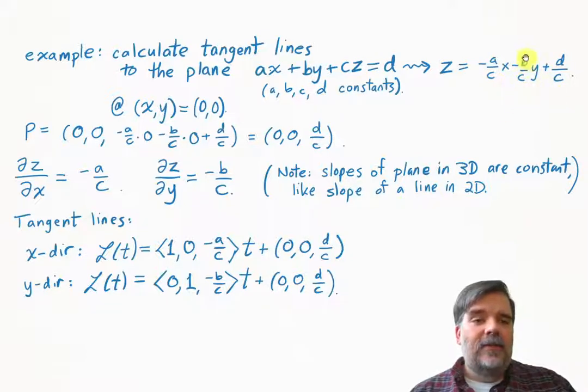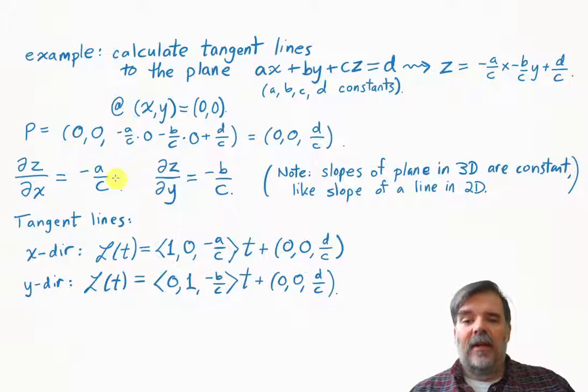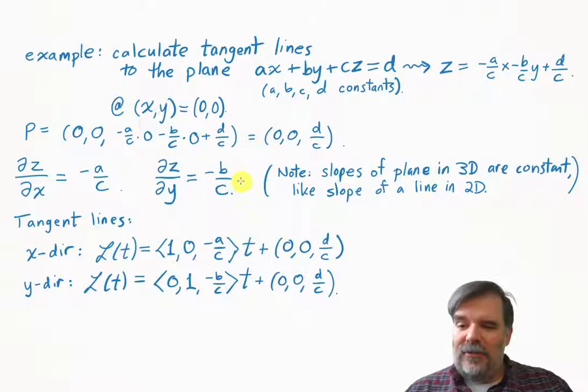The derivative is just the coefficient of y, in this case negative b over c. So in this problem, we're working with a plane. It's important to remember that the slope of a plane in 3 dimensions is a constant, kind of like the slope of a line in 2 dimensions. So unlike our previous problems, we haven't needed to plug in the values of x or y into these partial derivatives.